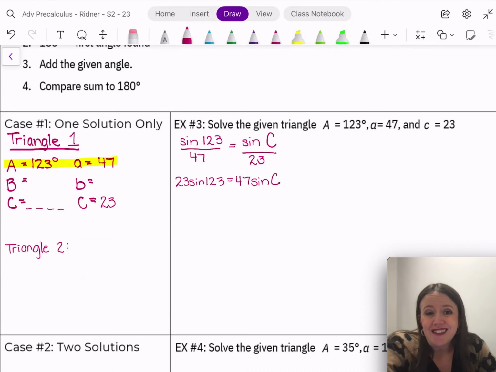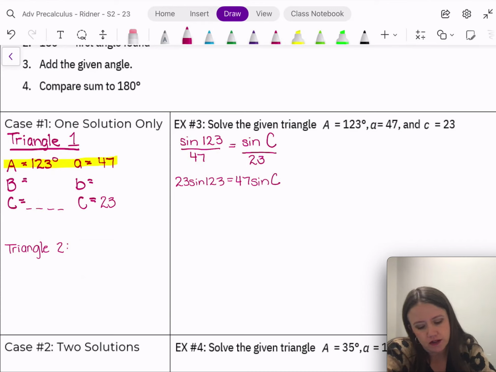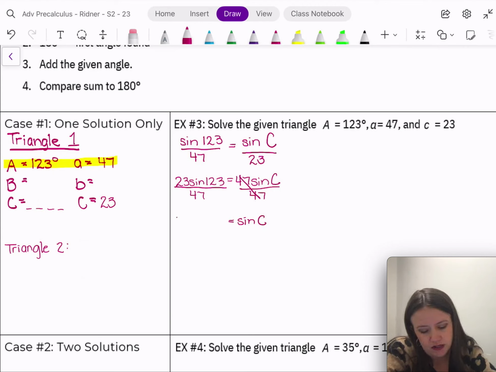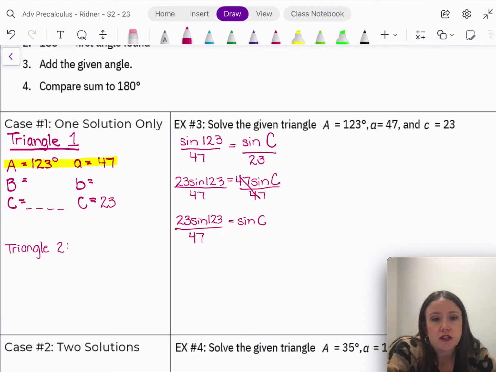Alright, sine C is being multiplied by 47, so we want to get rid of that, so we're going to divide. Now careful, sine C has to stay together for the moment, and it is equal to this fraction.